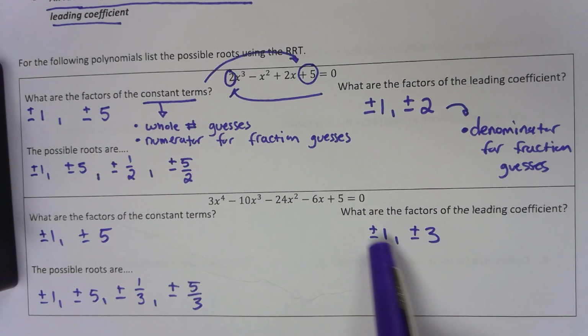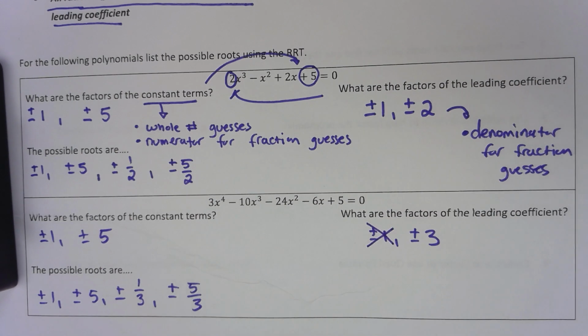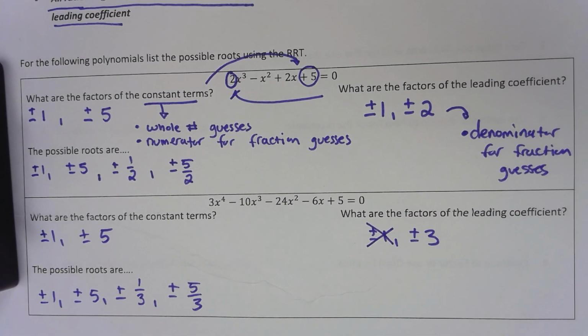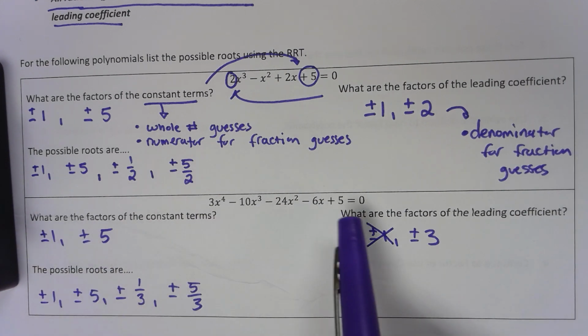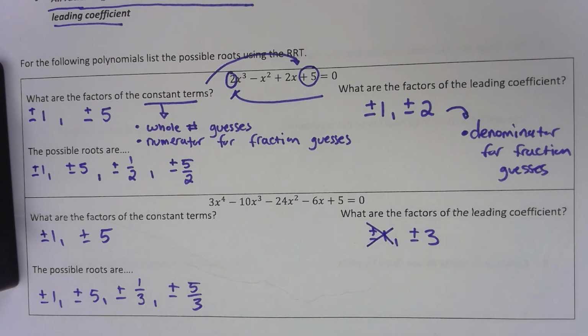Does it ever make sense for 1 to be a denominator? No, right? Because dividing by 1 doesn't change the value that we already have. So when you're focusing on factors of the leading coefficient, the 1 doesn't really make a difference. I would only really list out the numbers that are not 1. Okay, so then how I got 1/3 was the numerator of 1, the denominator of 3. So 1/3. Numerator of 5, denominator of 3 is how I got the 5/3.